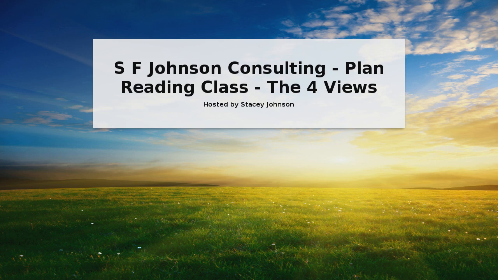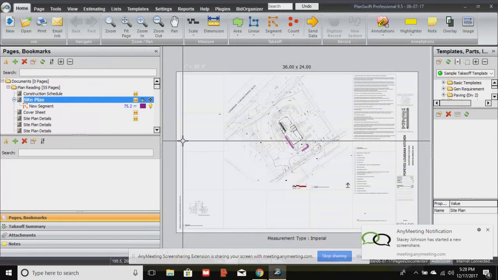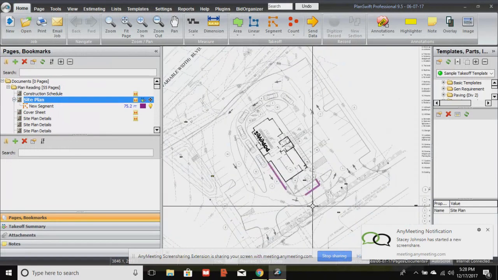So let's share the screen. All right. And what we're going to do right now, we're going to pan in to our first view, which is a plan view.